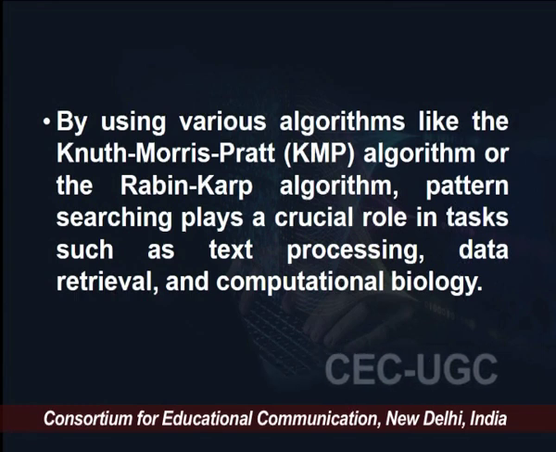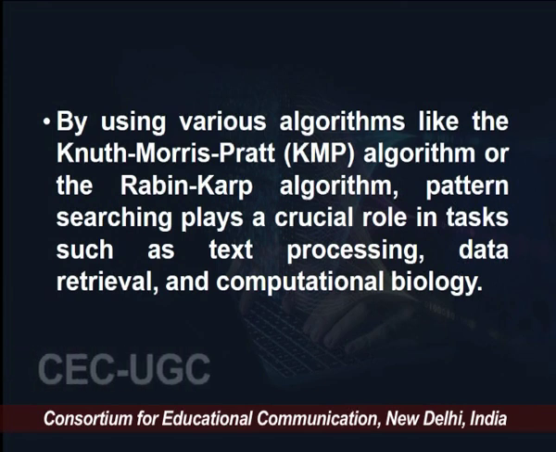We also have the Rabin-Karp algorithm. All these are pattern matching algorithms, but please remember that this list is not exhaustive. You can have various other algorithms other than naive string matching, KMP or Rabin-Karp, but these are commonly used. One of them is also the Boyer-Moore algorithm, which is also available for pattern searching.